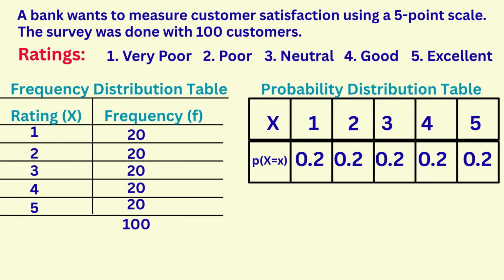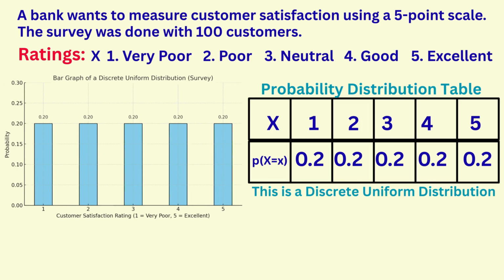That means if we create a probability distribution table where the discrete random variable x represents the possible ratings, the probability of each rating is the same, 20 over 100, or 0.2. This is another discrete uniform distribution.